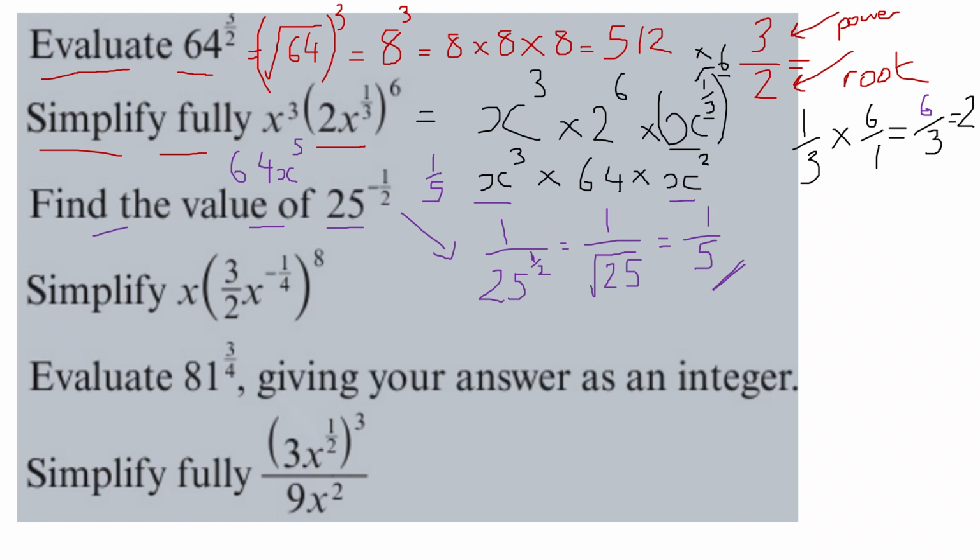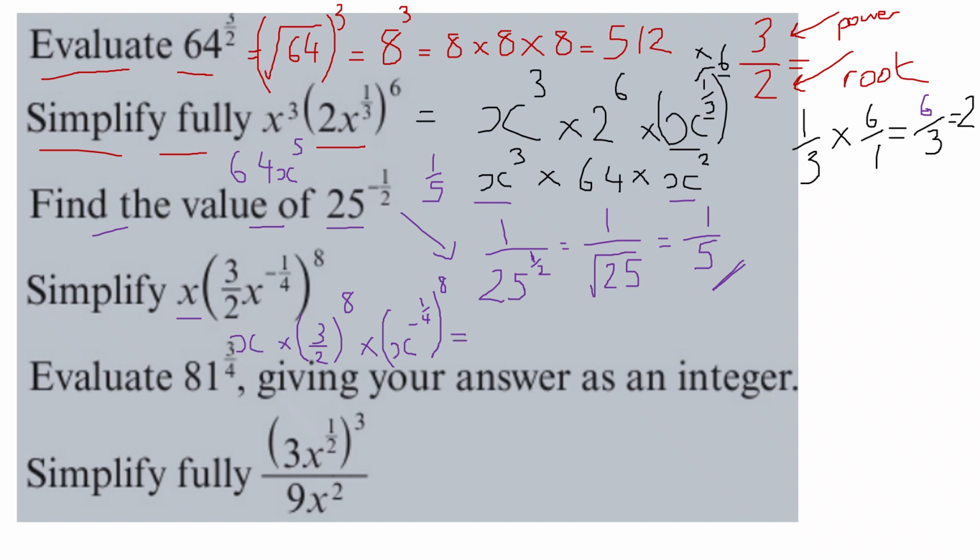Okay, next up, simplify x in brackets 3 halves x to the power minus a quarter, raised to the power of 8. So we're doing 3 halves to the power of 8. We're multiplying that by x to the power of minus a quarter, or negative a quarter, to the power of 8. And we multiply that by x at the front.